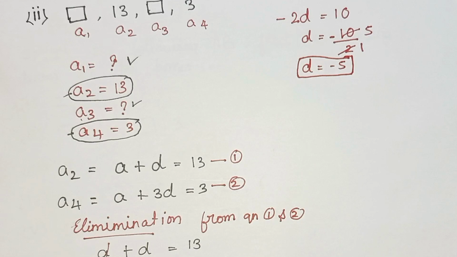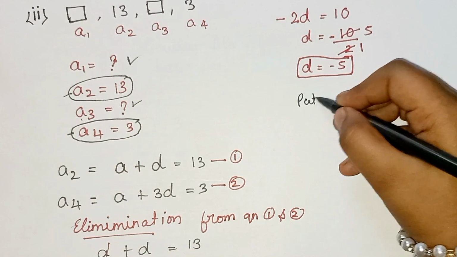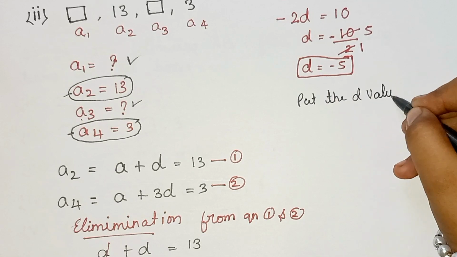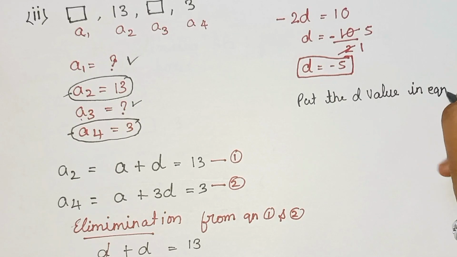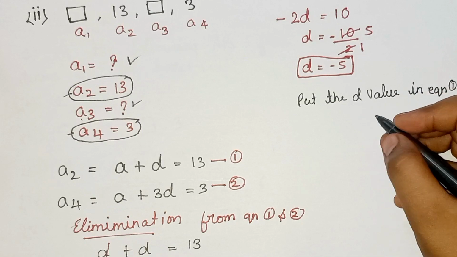Alright, so now finally we got the D value. Now we have to put the D value in equation 1. So let us substitute the D value in equation 1.